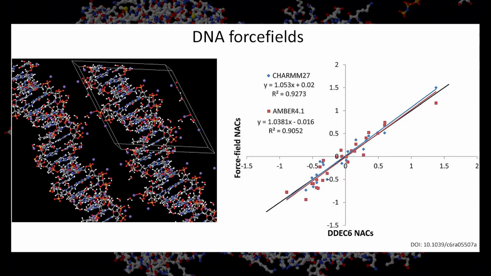The resulting NACs usually follow the Pauling electronegativity trends, have good transferability among different conformations equivalently bonded, and are chemically consistent with atomic spin moments. Additionally, the resulting NACs can be used as input for simulations of biomolecules since they have good correlation with methods that calculate force field NACs, such as CHARMM and AMBER.